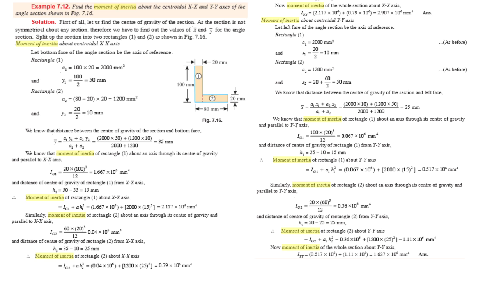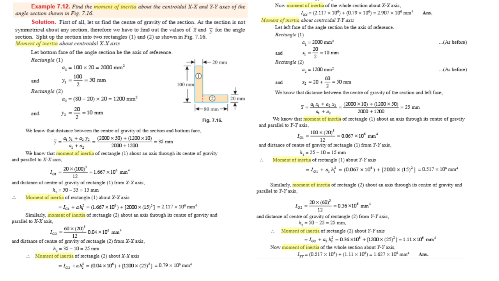The moment of inertia of rectangle section 1 about the x-axis is equal to Ig1 plus a into h1 square. So Ig1 is equal to 1.667 into 10 to the power of 6 plus area 1 equal to 2000 into h1 square equal to 15 square. Therefore, it is equal to 2.117 into 10 to the power of 6 mm power 4.